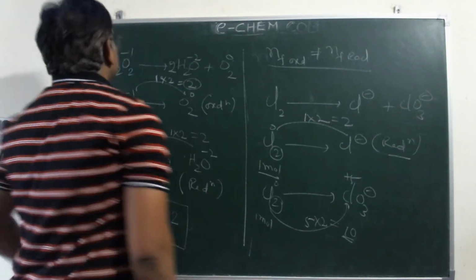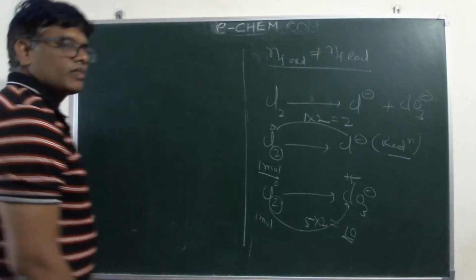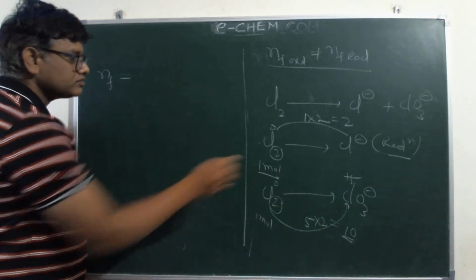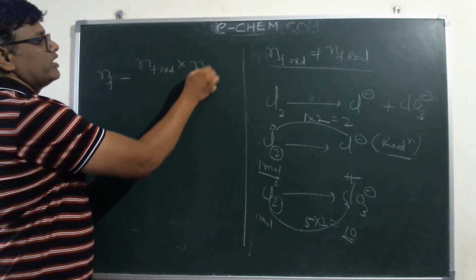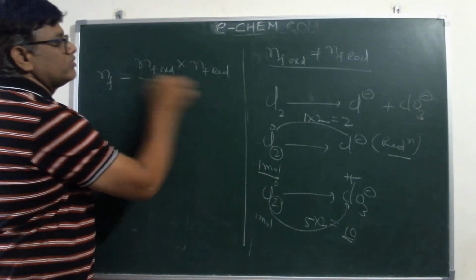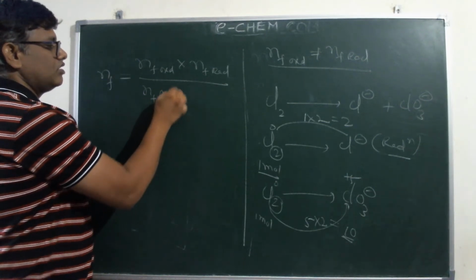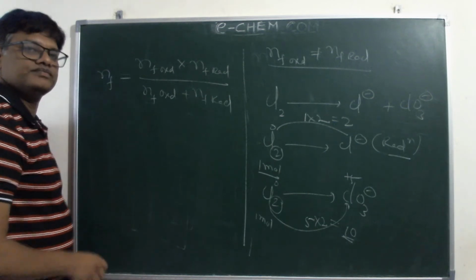To calculate the n factor for the overall reaction, we have one expression: n factor of oxidation times n factor of reduction, divided by n factor of oxidation plus n factor of reduction. This is the formula to be used.